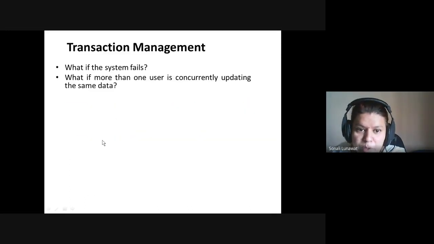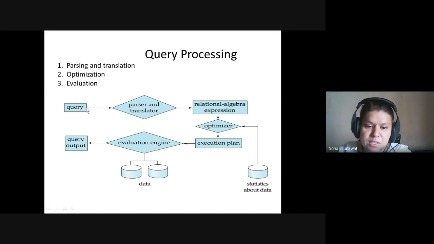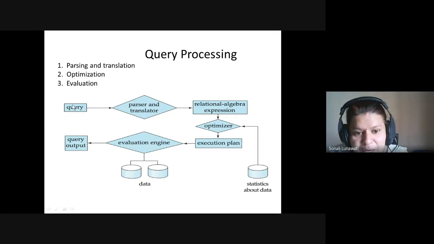Then next comes the query processor. Now if you see this, query processing works in three steps: parsing and translation, optimization, and evaluation. Suppose I am writing any query xyz. We'll see in practicals that whenever we write a query and it is not written in a correct form, then it gives you an error.